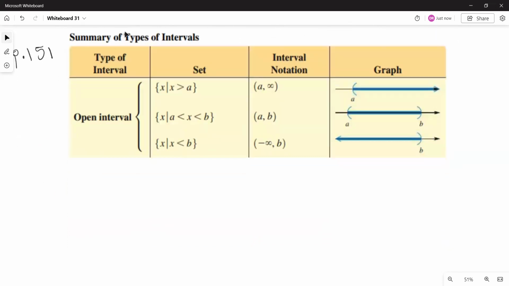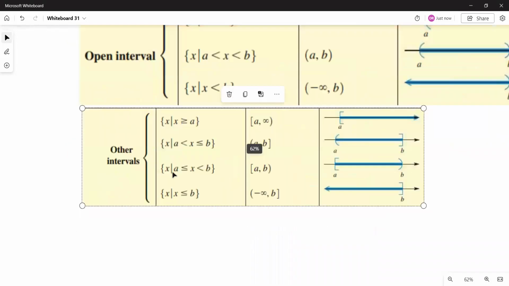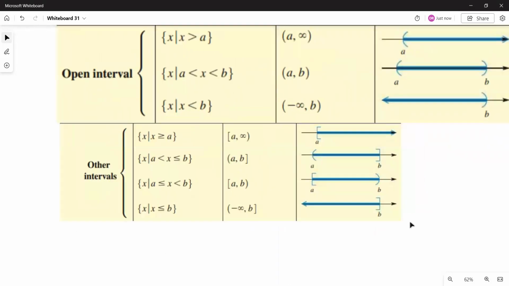The third interval is all real numbers that are less than b. If we don't have a bound on the left, we write minus infinity. So that's everything to the left of b, excluding b itself. If we include the end value, we write a bracket. So these are the next three intervals.